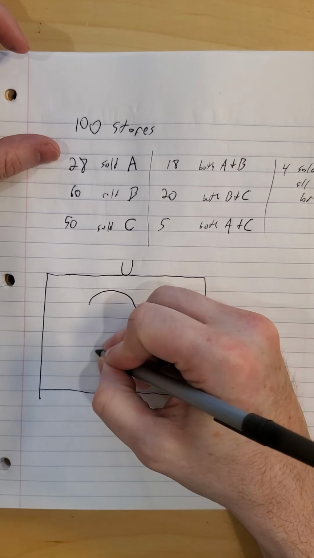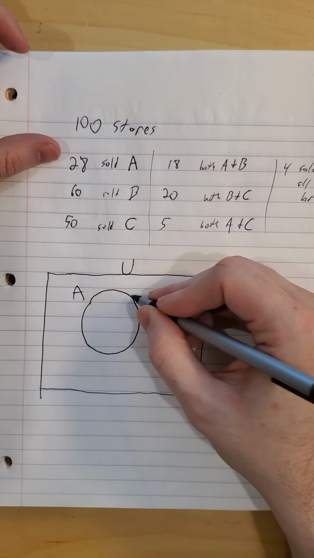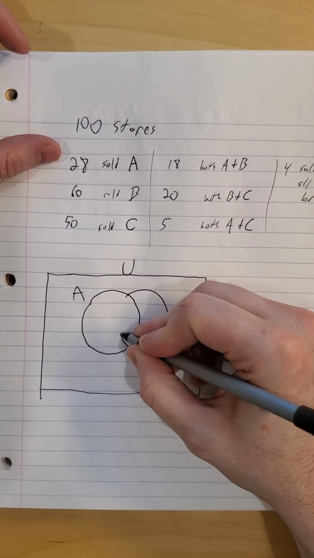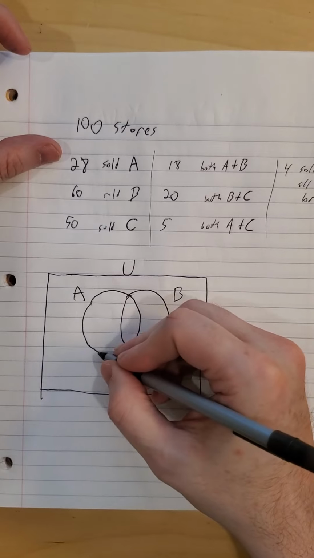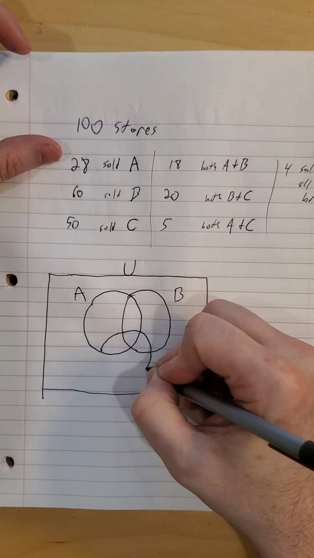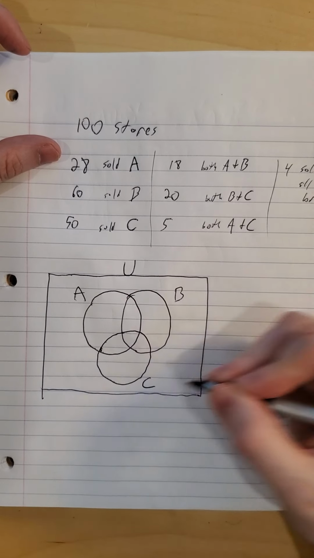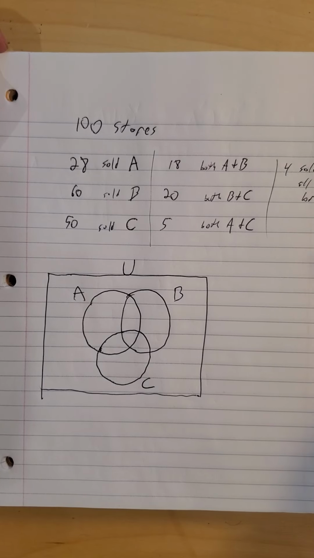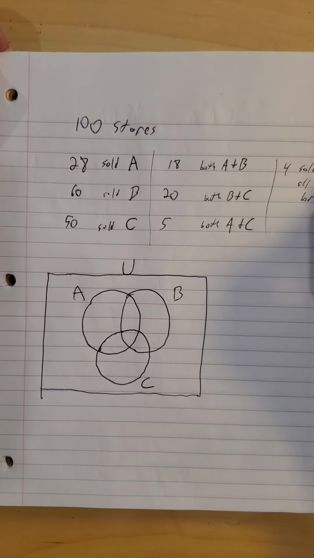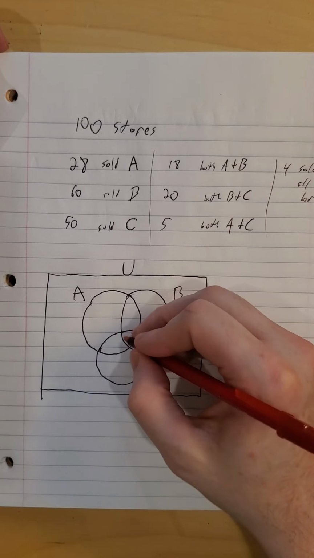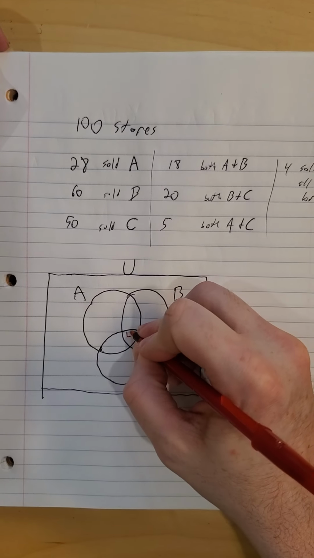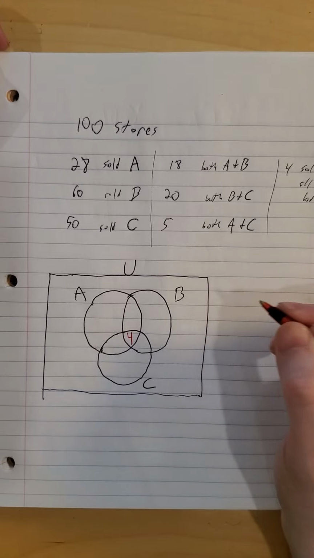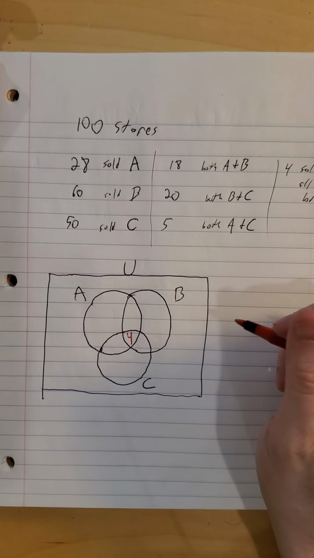And we have stores selling brand A, stores selling brand B, and stores selling brand C, giving us our 8 regions. So in this one, they tell us how many sold all 3 brands. 4 of them sold all 3, so 4 will go right there in region 5.